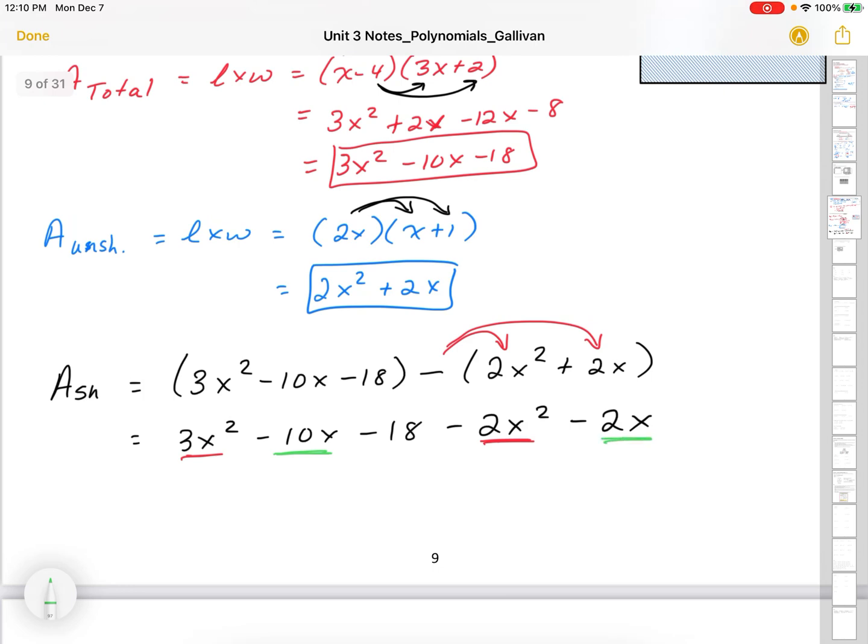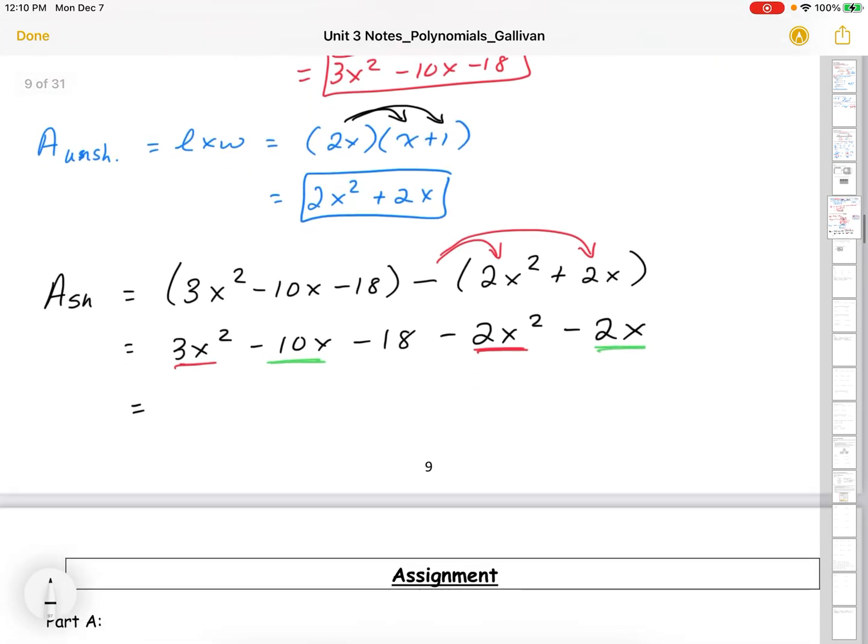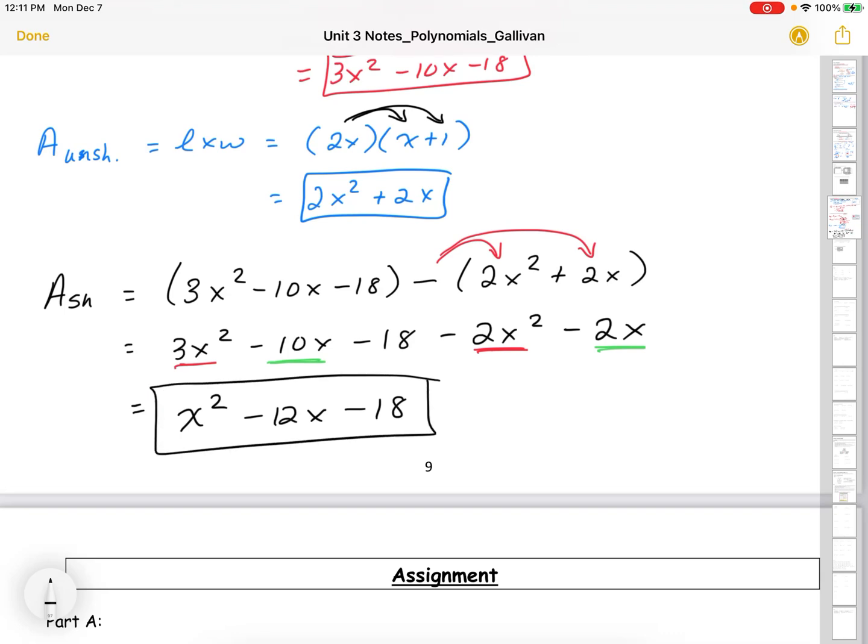I have an x here and an x there. And my little old constant is all by itself. 3x squared minus 2x squared is just x squared. Minus 10x minus 2x is minus 12x. And then I have minus 8. So this would be my area of the shaded section.